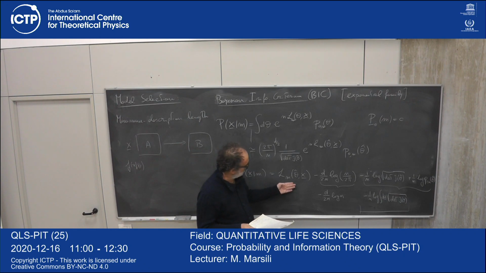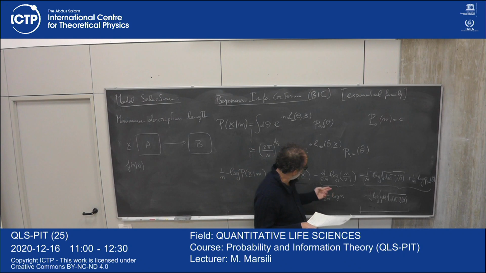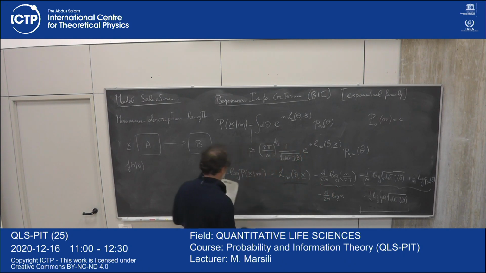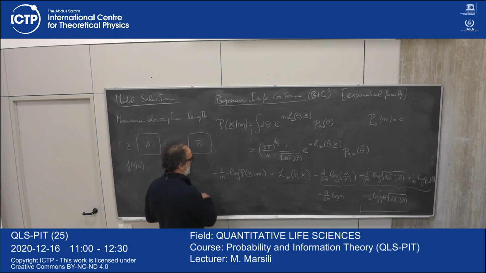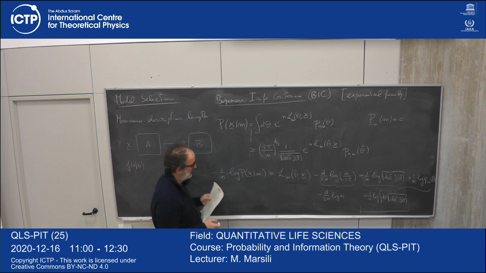It's precisely equal to the number of bits that are needed to describe one data point at the maximum likelihood parameters, plus this penalty, minus this penalty, sorry, so the number of bits should be minus this, with a minus sign.